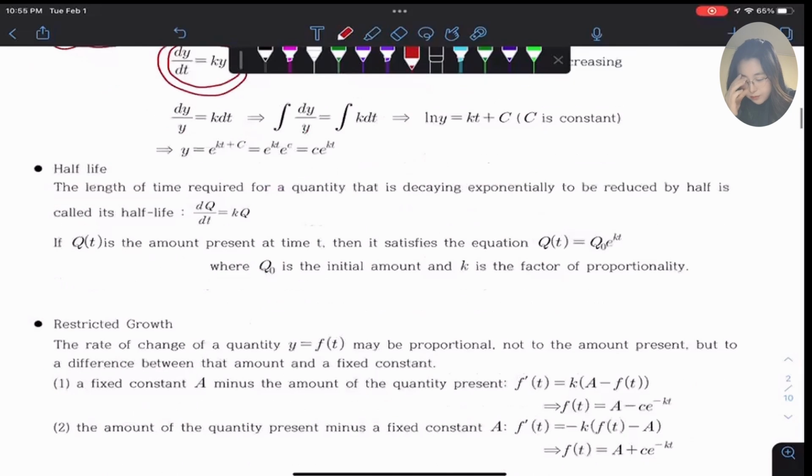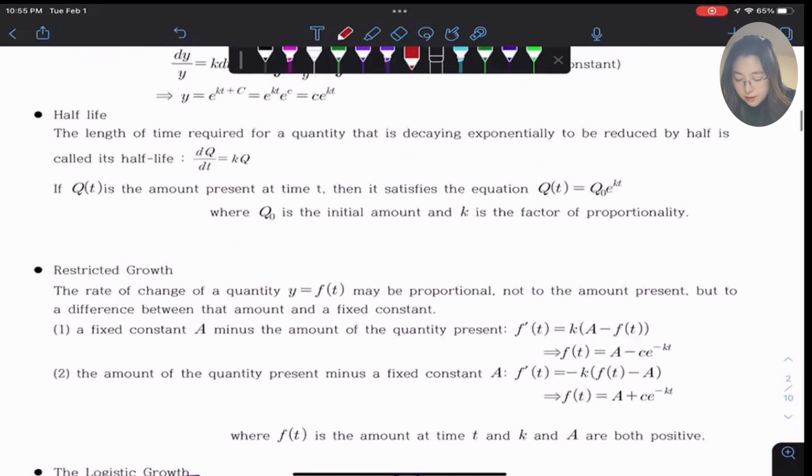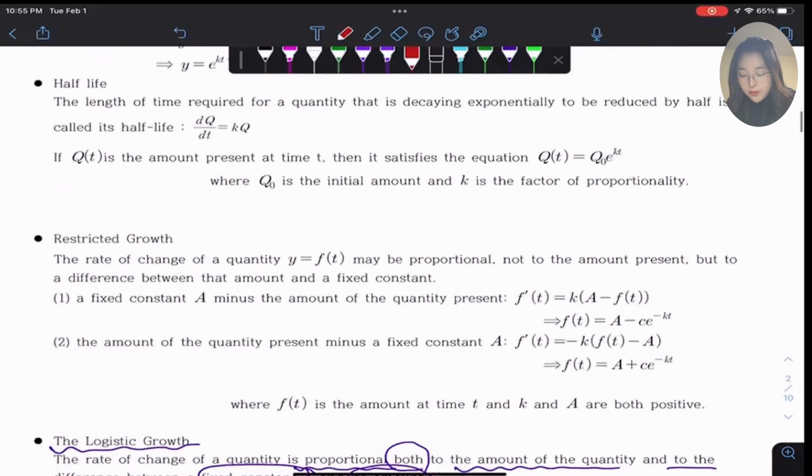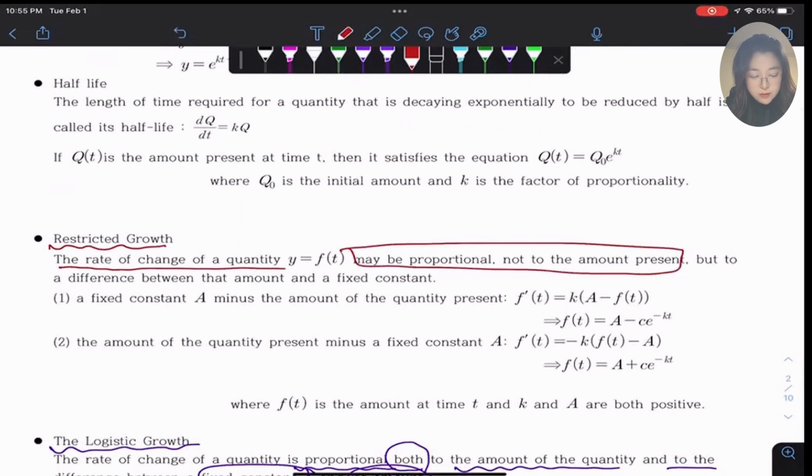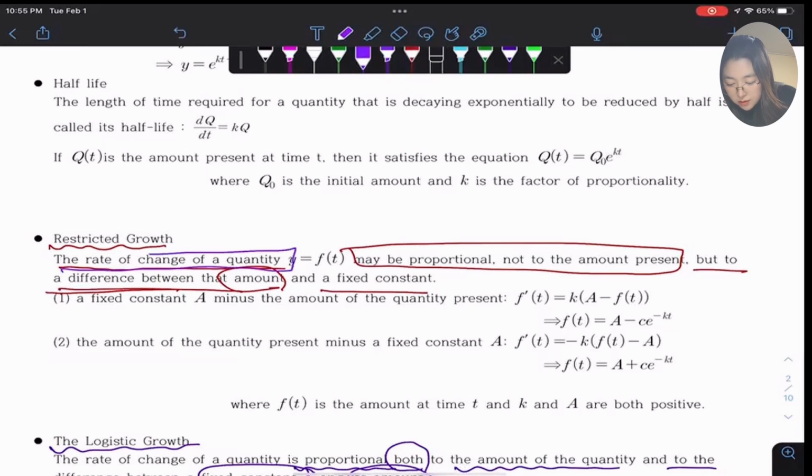Look at the concept restricted growth. Restricted growth, the rate of change of a quantity. This part is not important. You just focus on the latter part. The rate of change of the quantity is proportional to the difference between the amount and the fixed constant. So this part is dy over dt.